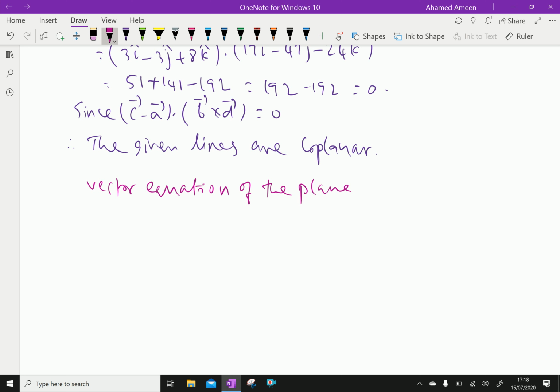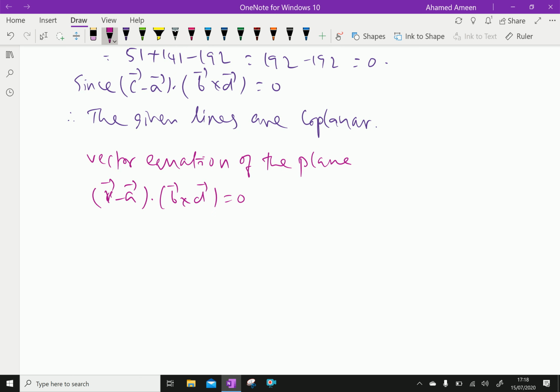The plane containing that line is (r vector minus vector A) dot B cross D equals 0.